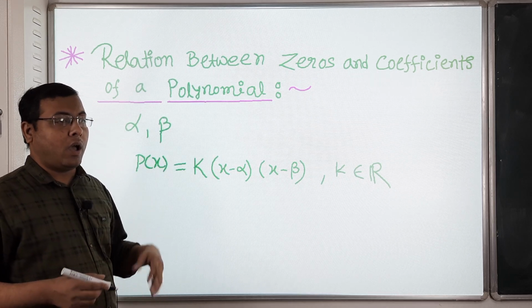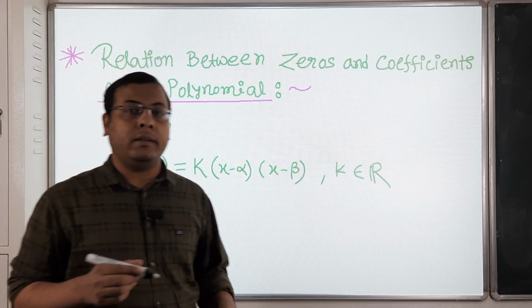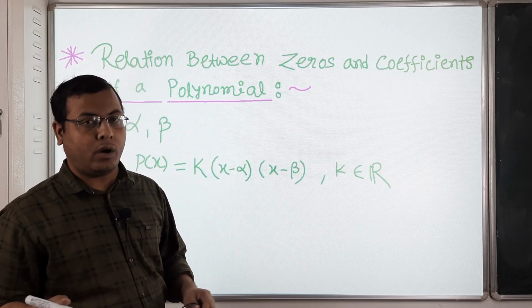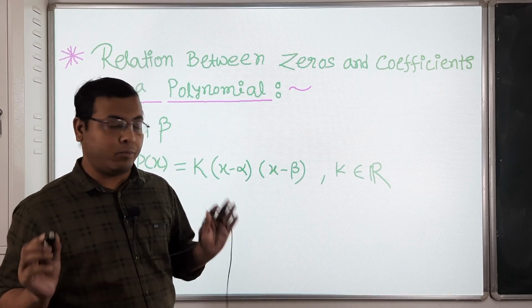Now you have to find the relation between zeros and coefficients of any quadratic polynomial.